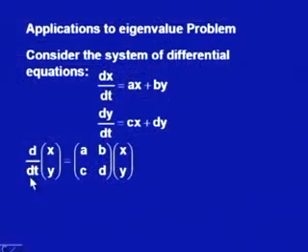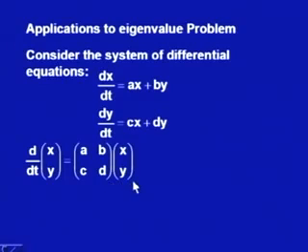Now, this system can be written in matrix form. Here d by dt of the column vector (x, y) is equal to the matrix (a b; c d), the coefficient matrix on the right hand side, multiplied by the column vector (x, y).